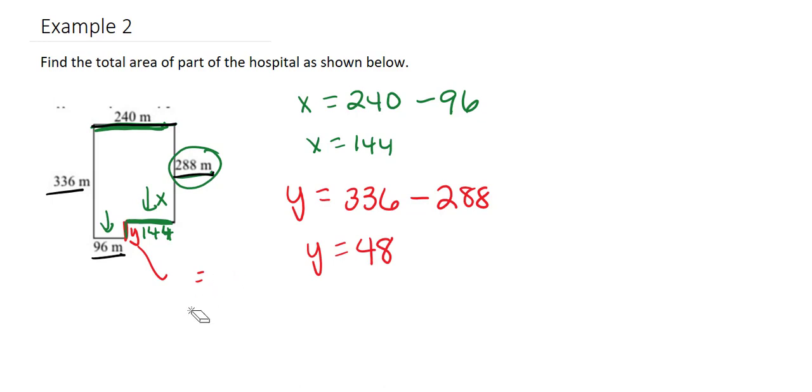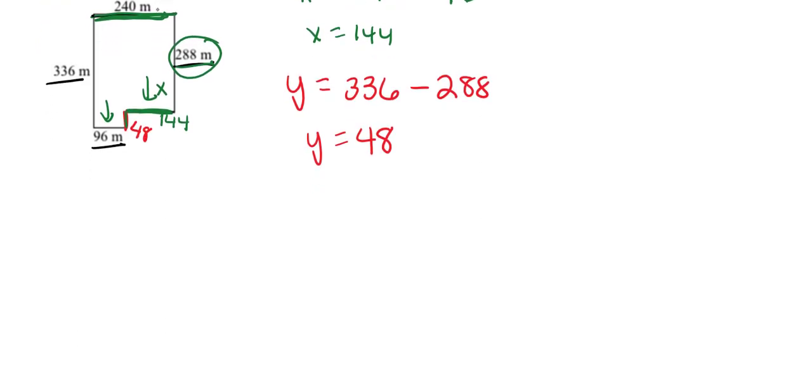Actually, I'm going to rewrite this a little bit right here. So we have 48, and then x is 144. Okay, so now we have all our units. We can go ahead and solve. There are two ways we could solve this. We could act like this whole thing is just a full-on rectangle.